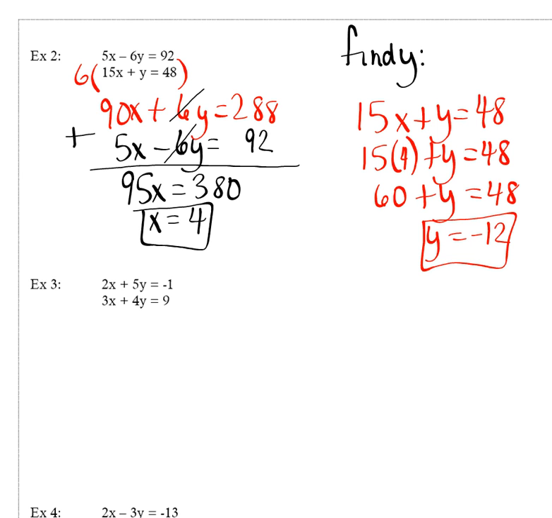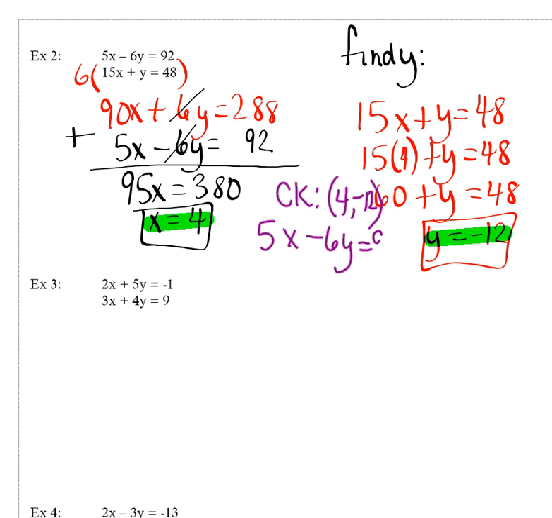I want to highlight. There's my x, there's my y, and I need to check. So let's check it. I'm going back to the original equation, checking the point 4, -12. 5x minus 6y equals 92. 5 times 4 minus 6 times -12. 20.